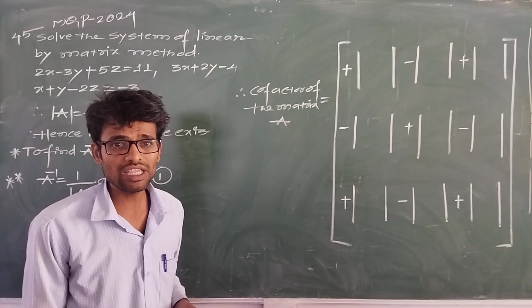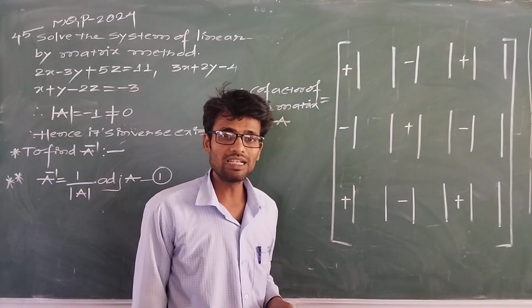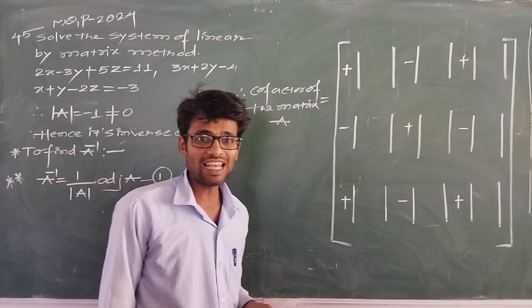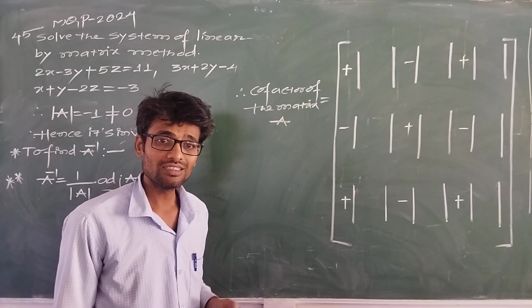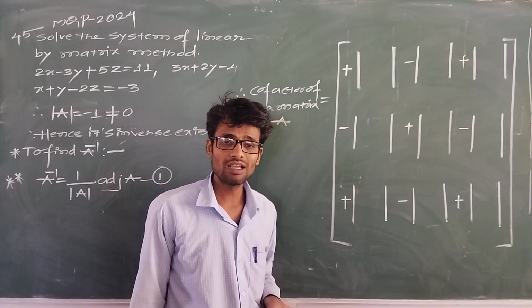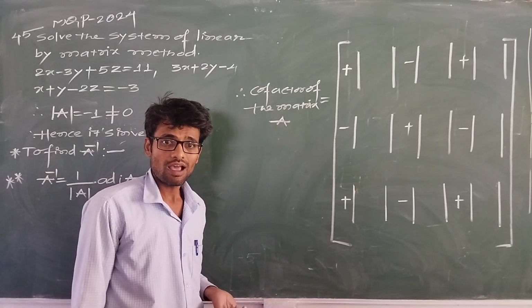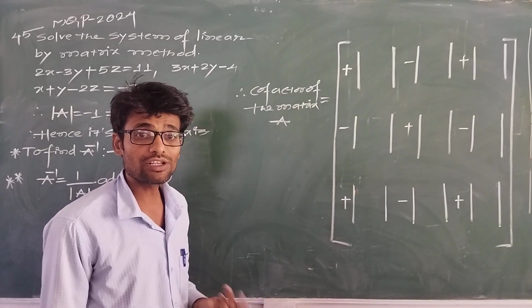The cofactor of each element is obtained by multiplying the determinant obtained by deleting the row and column where the element is present by minus 1 raised to i plus j.